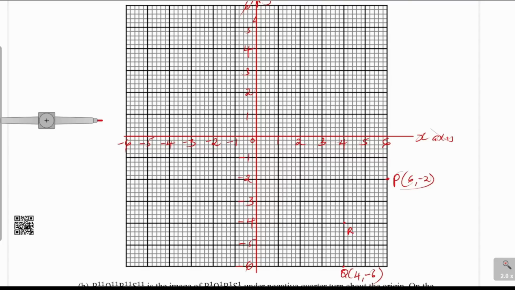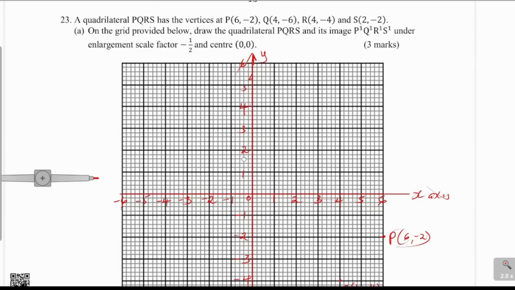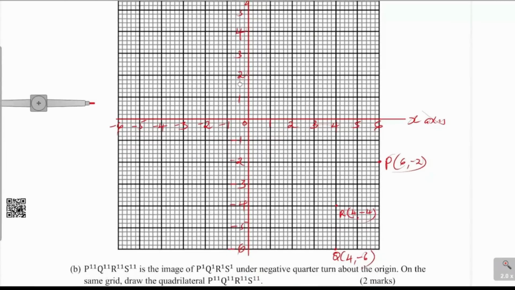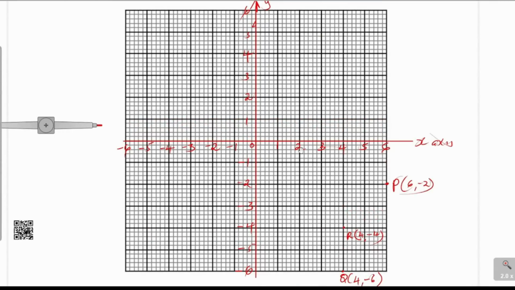And then the last one is S (2, -2). So 2 is here, and then -2 is there. That is S. Now we have all the points. So P is there, Q is there, R is here.